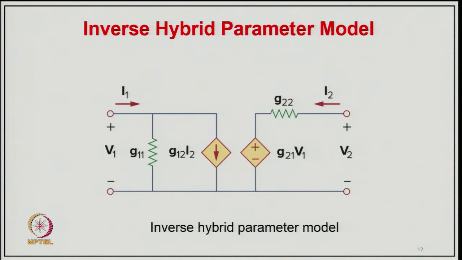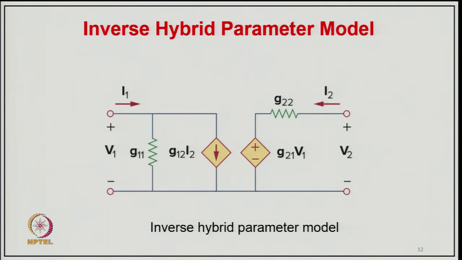So, now in terms of this inverse hybrid model, it is exactly the opposite: at the input terminals, we can call it a Thevenin equivalent. We apply V1, and you have the conductance G11. In parallel we have a dependent current source G12 I2, coming from the secondary side, or second port current.